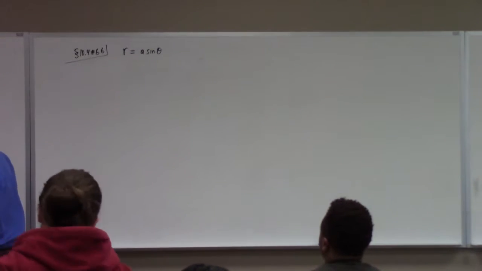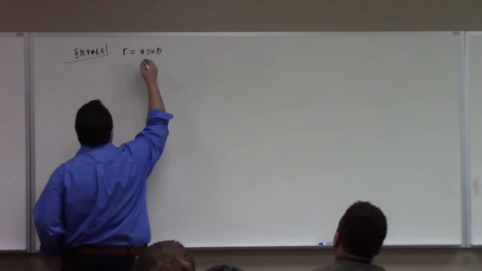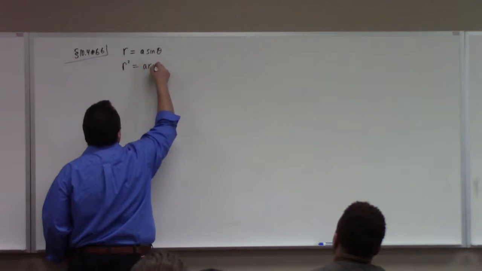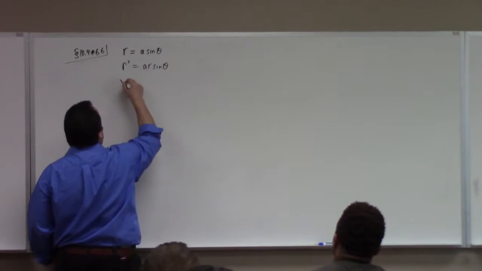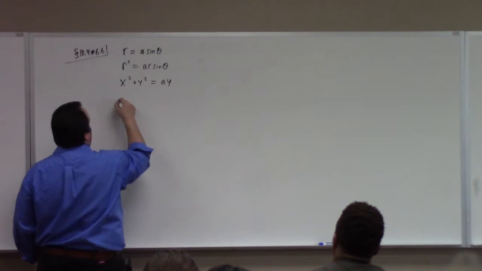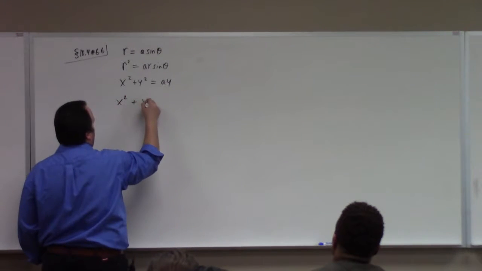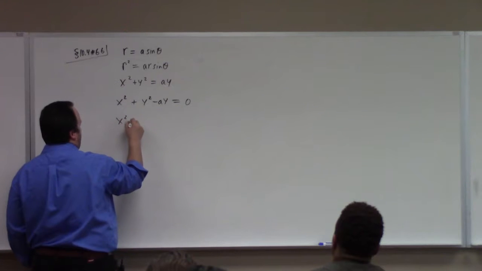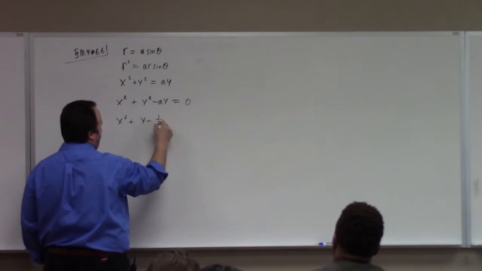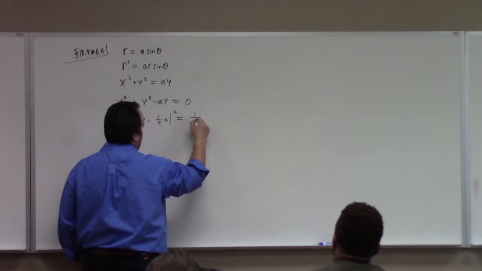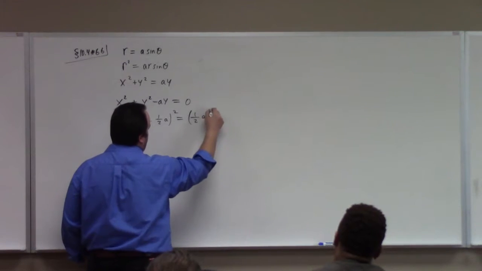The way I would do this: r squared is a r sine theta, which is x squared plus y squared equals a y, which is x squared plus y squared minus a y equals 0, which is x squared plus (y minus a/2) quantity squared equals (a/2) quantity squared.